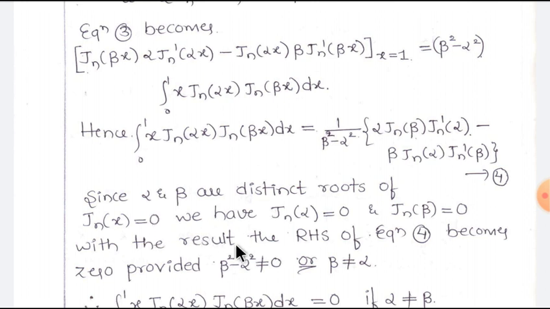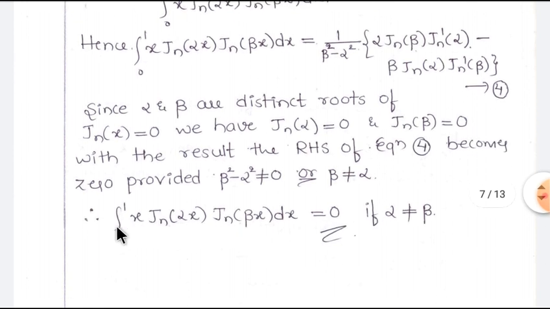With this result, the RHS of equation 4 becomes 0, because Jn of alpha is 0 and Jn of beta is 0, so the first term and second term are both 0, and 0 minus 0 makes the whole term 0. But the condition beta square minus alpha square is not equal to 0, because beta is different from alpha, meaning beta and alpha are distinct roots.